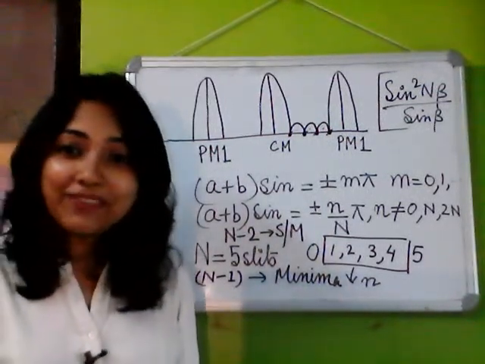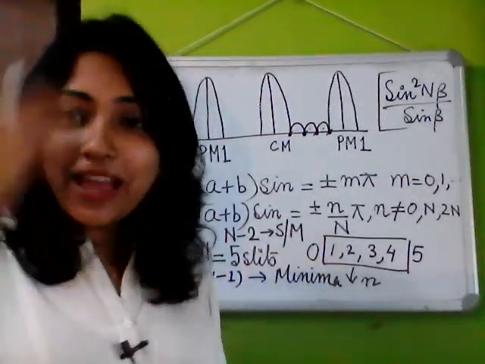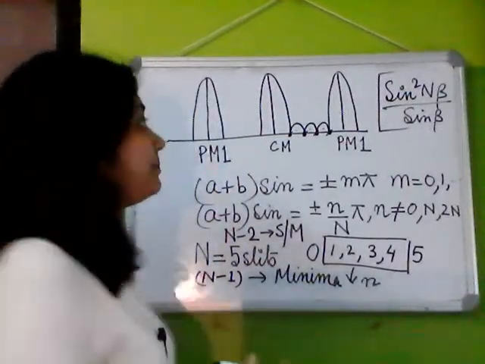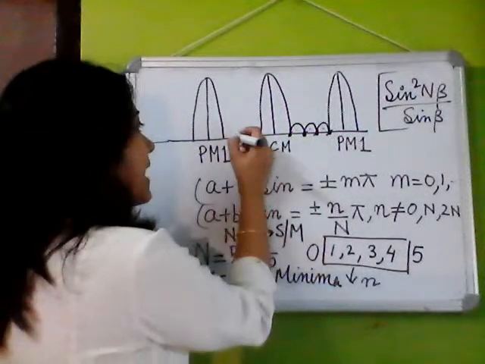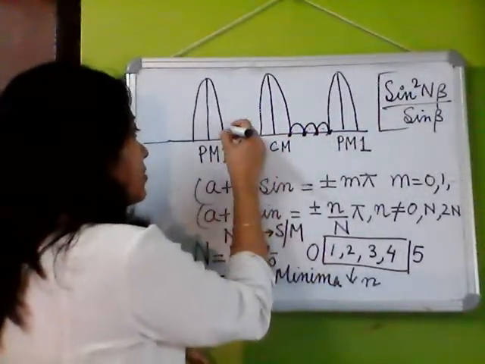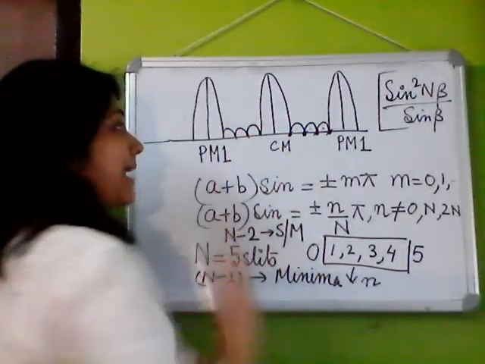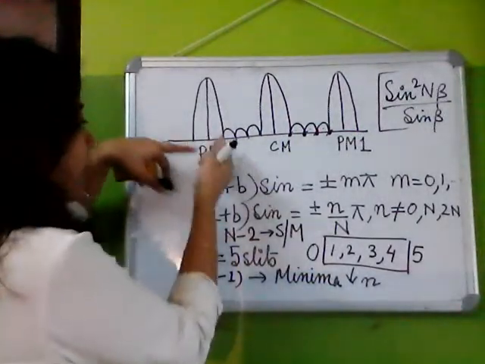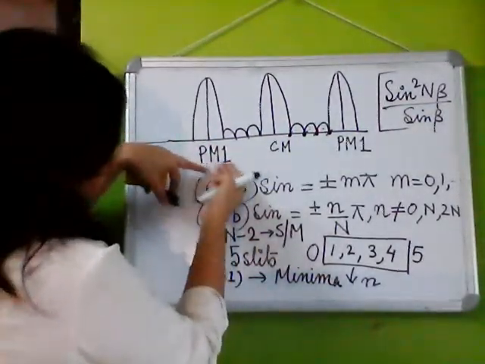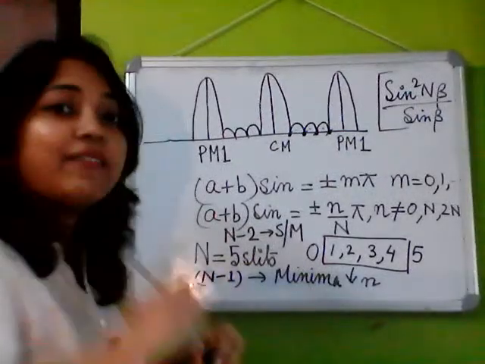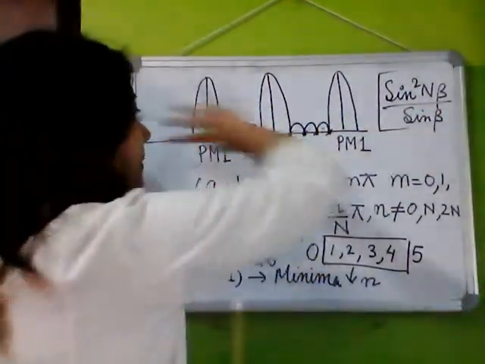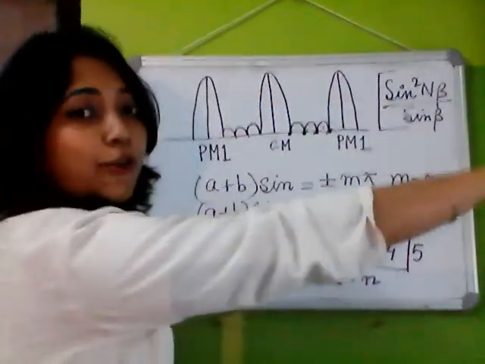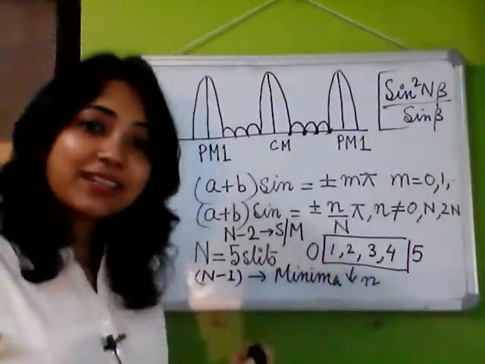Are you following me? Very good. So you all have understood this part. But since I have drawn this on the right hand side, the same thing will be available to us on the left hand side as well. Like this. So again, moving from PM1 to PM2, I will have 3 more secondary maximas and so on. This will be completely moving forward along the entire screen.